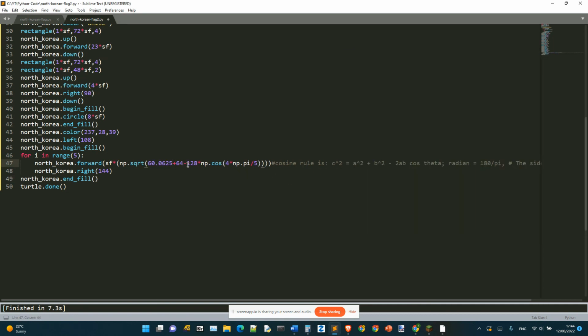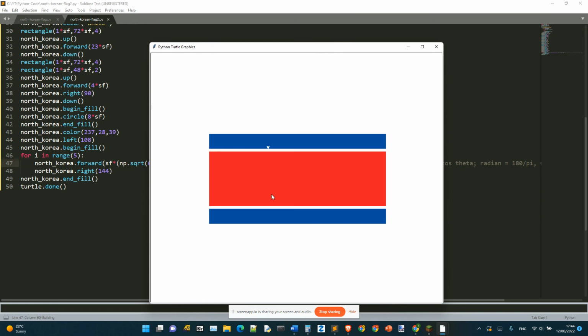So that would be 120 point 125. So that actually makes the North Korean flag a little bit better.